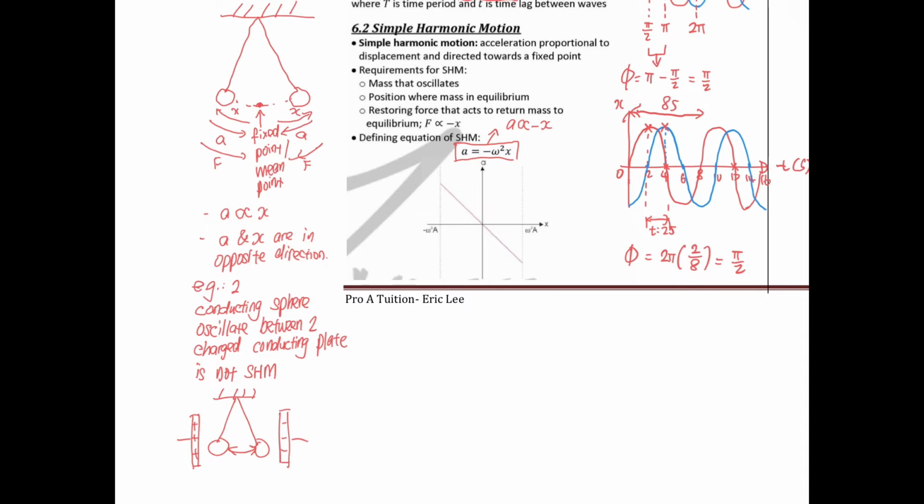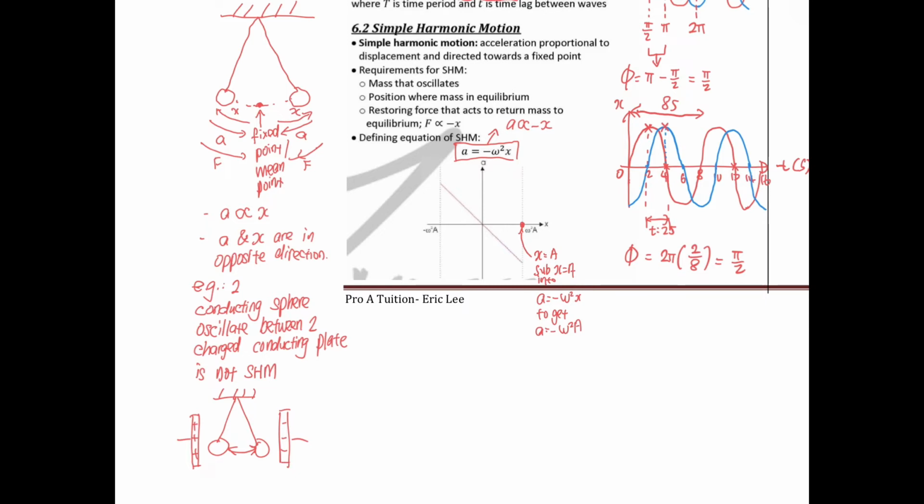At this point, the displacement is equal to the amplitude. You substitute x equals a into a equals minus omega square x to get a equals minus omega square a.